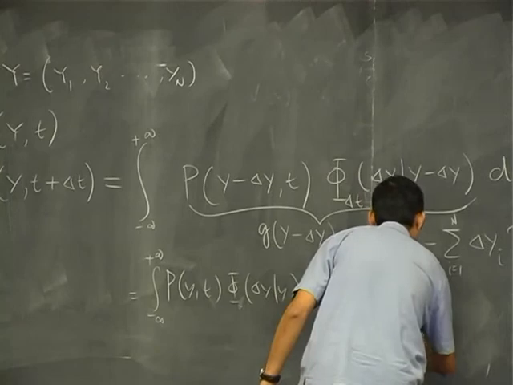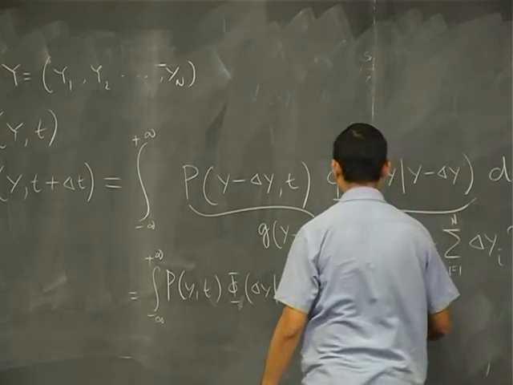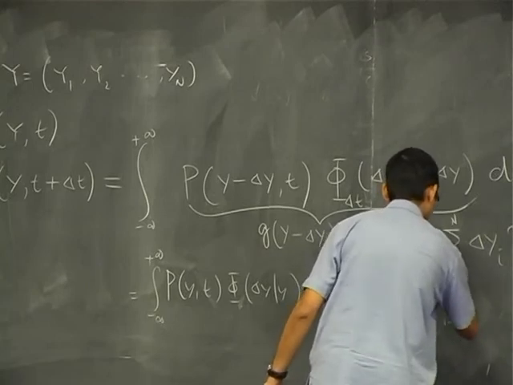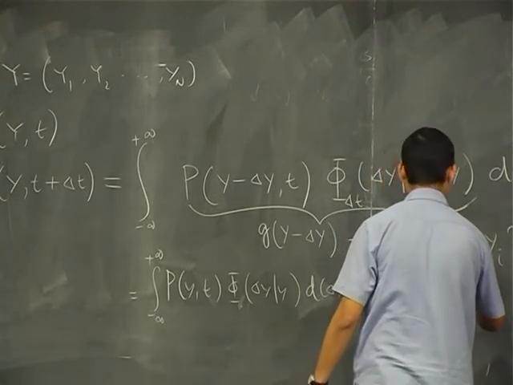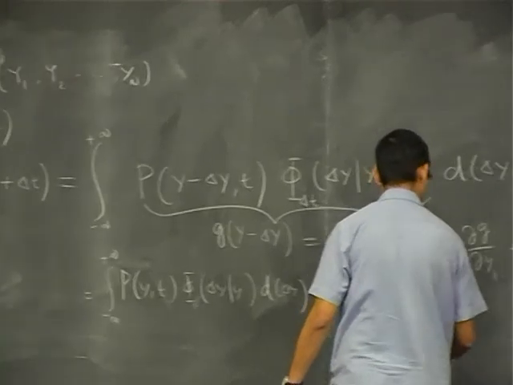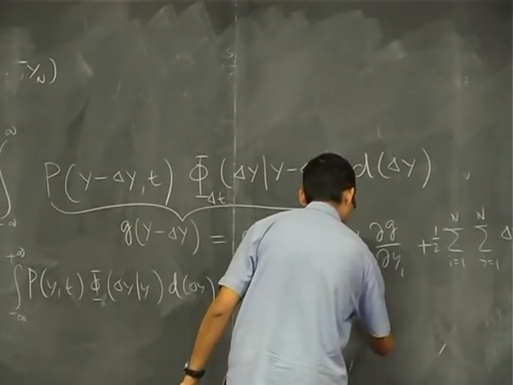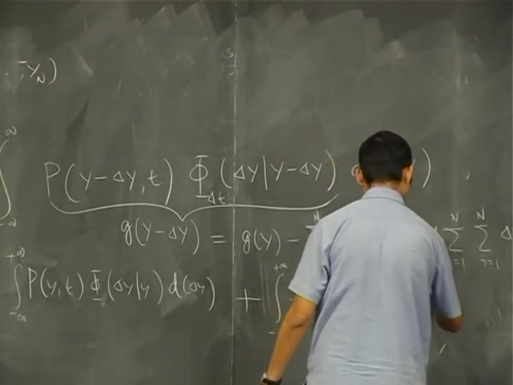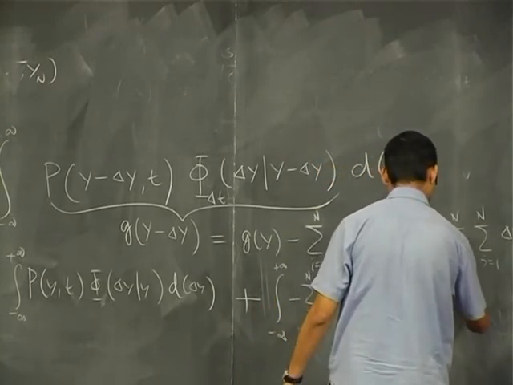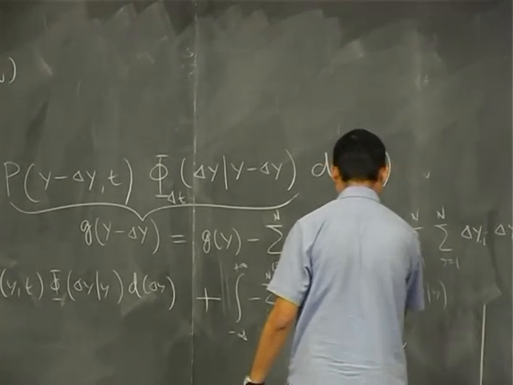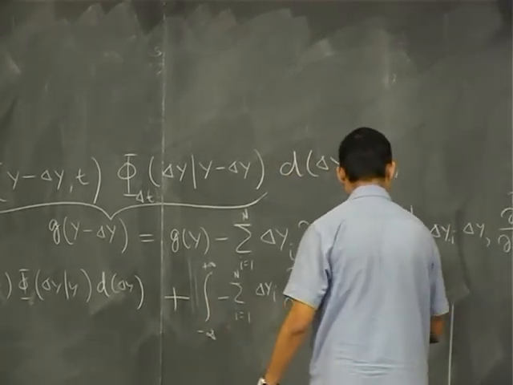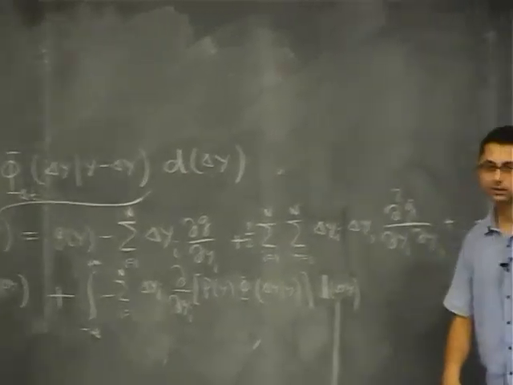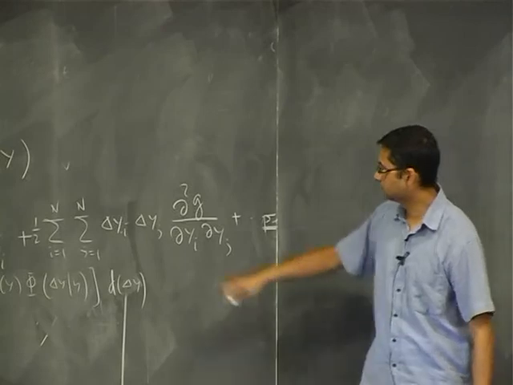I have integral from minus infinity to plus infinity, minus sum over i equal to 1 to n, delta yi del yi of p at y, phi of delta y, y, d of delta y, right? Because z is this one.